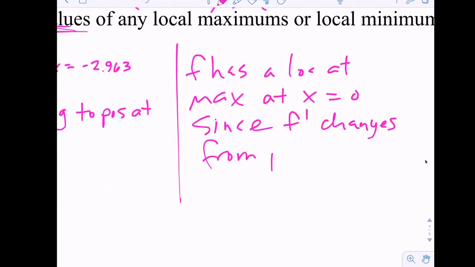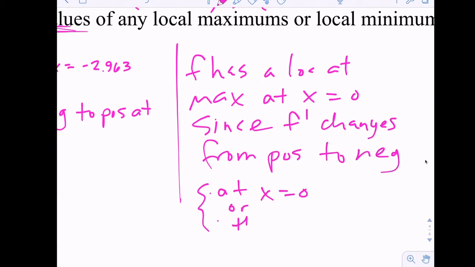Changes from positive to negative. Where does it change from positive to negative? At x equals 0. So you could say either at x equals 0 or you could say there, referring back to x equals 0, the location. Either one. But don't just stop after from positive to negative. That's where it exists because that's where the sign also changes.